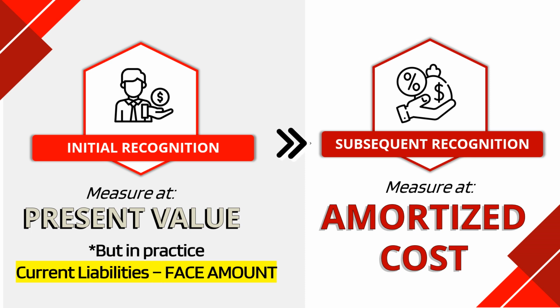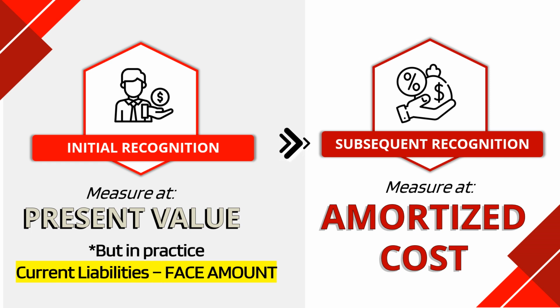In a bond or any note payable, you have interest that you need to pay, and then at the end, you pay the whole principal. So, half 1, half 2, interest 1, interest 2, and then all the way until the maturity date, you pay the principal. So, you'll have different cash flows at different times. The idea here is you bring them back to their present value, and that is how you measure your liability.